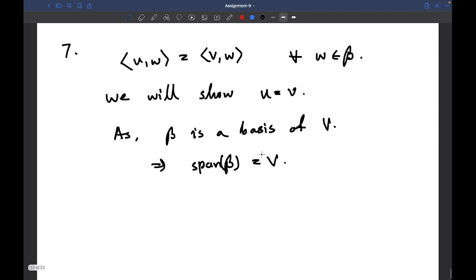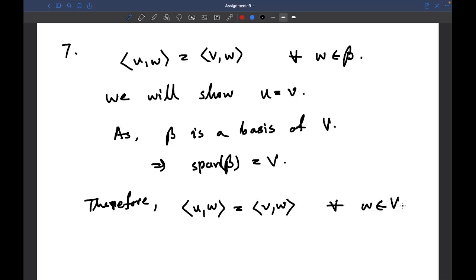So if something is true for the basis, then by linearity it will be true for all vectors in V, because beta spans V. Therefore <U,W> equals <V,W> for all W in V. Otherwise, you take any vector, and because beta spans V, you can write it as a linear combination of the basis beta. Then by linearity you can show this. This is easy.